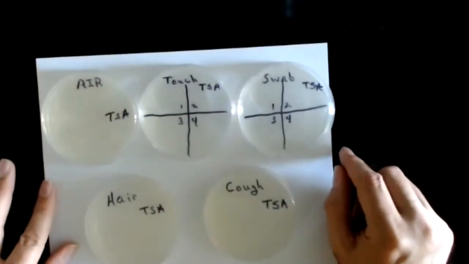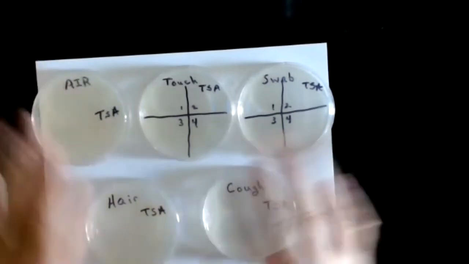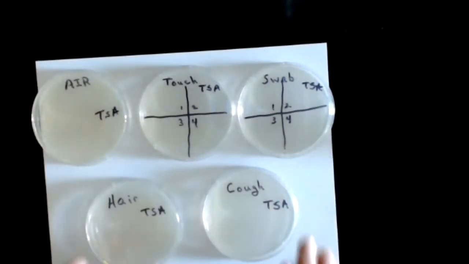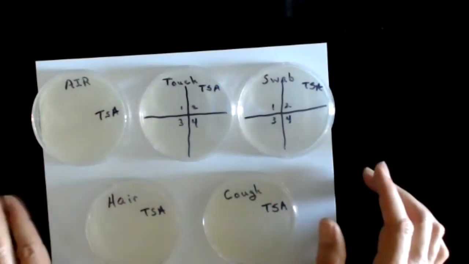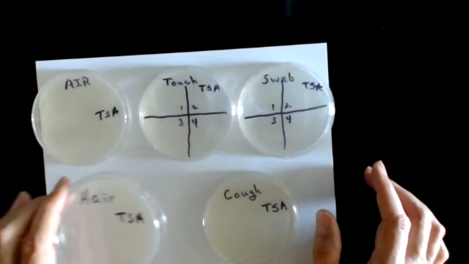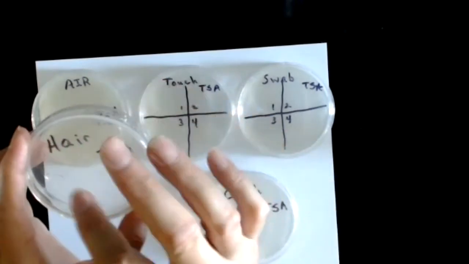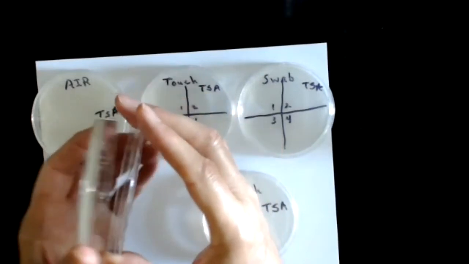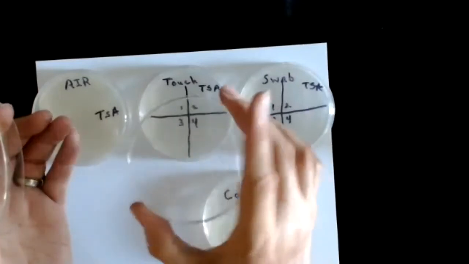Now, according to your module, the way you would do this lab is you would take the air plate. All these plates, by the way, are upside down. The bottoms are face up and the tops are down. So if I would pick up this hair plate, for example, and turn it, you would see that the part of the plate with the writing on it is the bottom part, and the top has no writing on it.